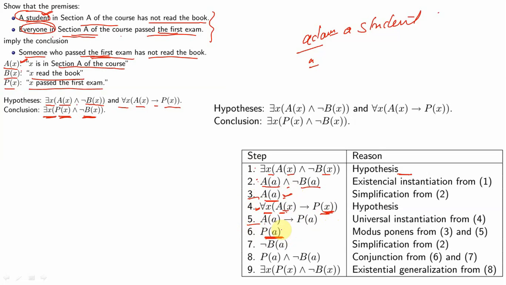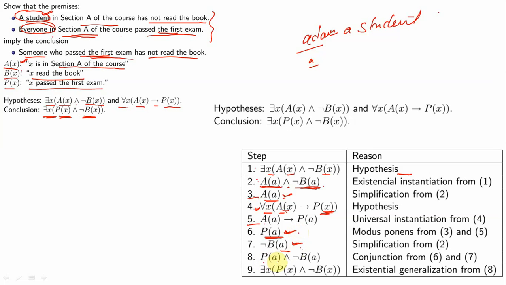Now, Adam has passed the course and Adam did not study. So PA is true. And once again, I had Adam is a student of section A and Adam has not studied the book. By using simplification, this is also true. So Adam has passed, Adam did not study the book, so I can apply conjunction.